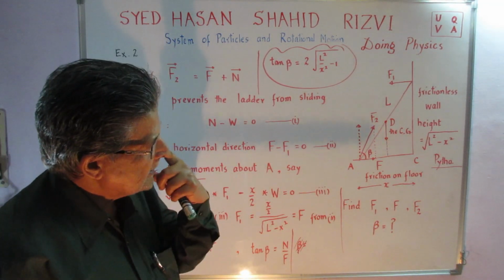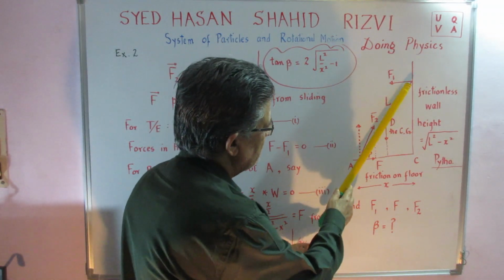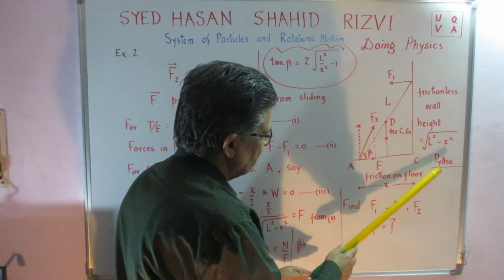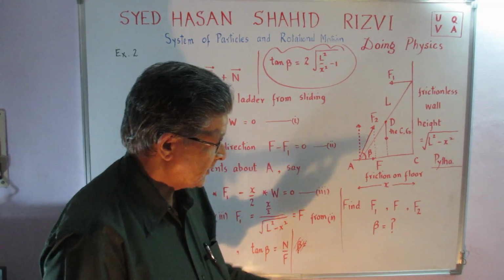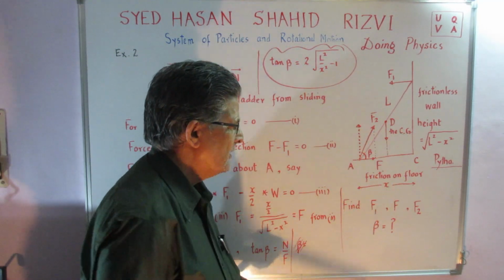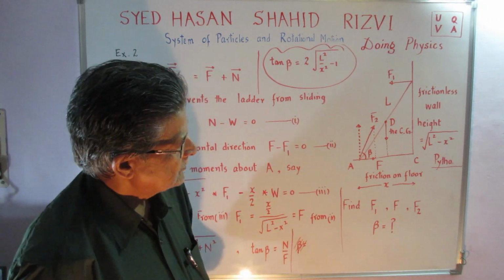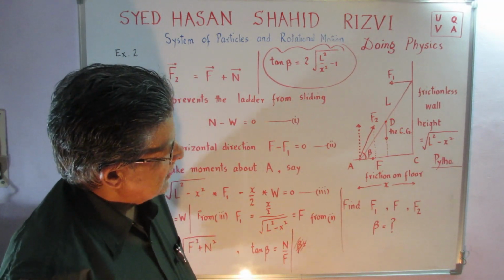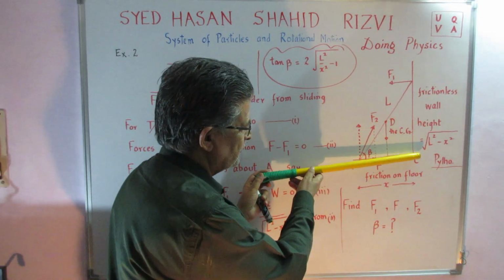So, as I told you, I have a ladder and that is resting on a frictionless wall. But it can't unless we have a floor with friction, so there is a friction on this floor.